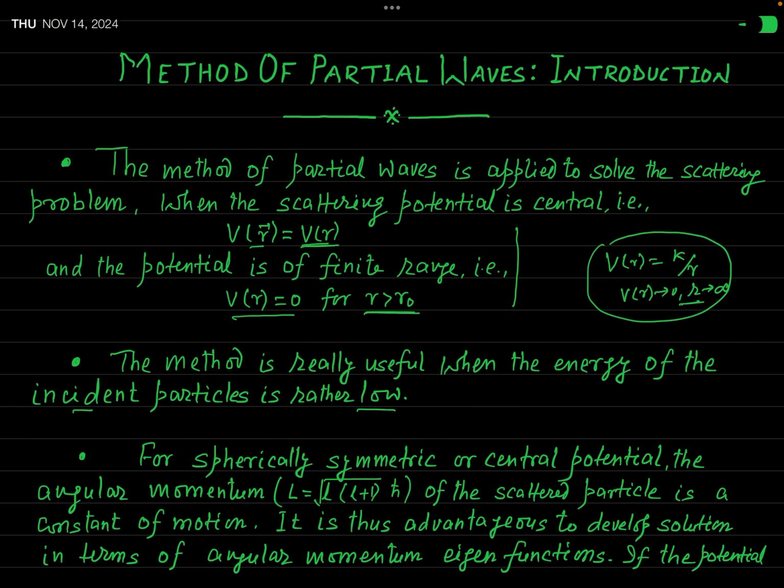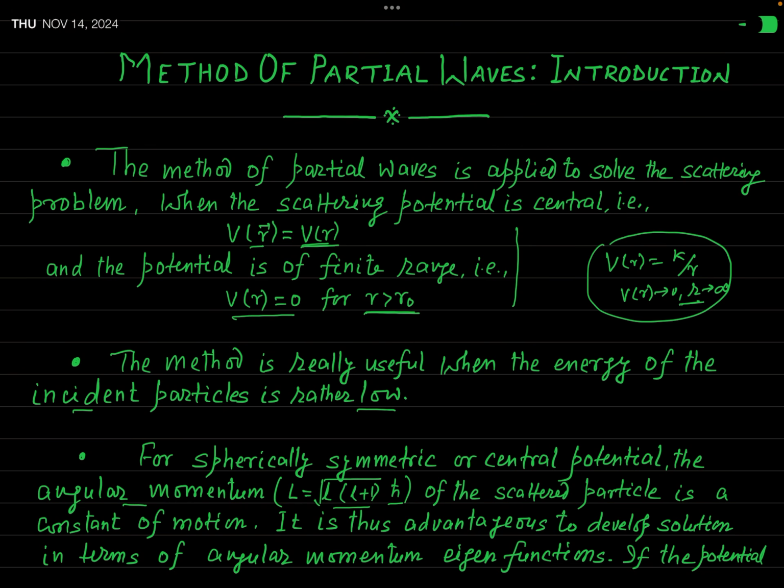So in this case, if the particle is incident on a scattering potential which is either spherically symmetric or central, then its angular momentum, and you know in quantum mechanics angular momentum is defined like this: L equals the square root of small l times (l plus 1) times h bar, where small l is the orbital quantum number and capital L represents the angular momentum.